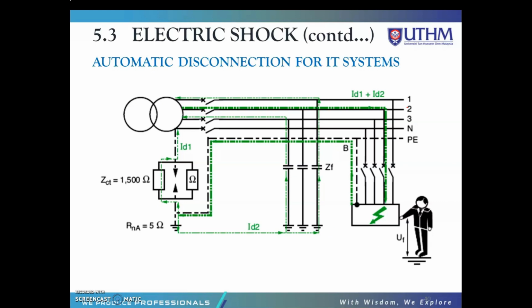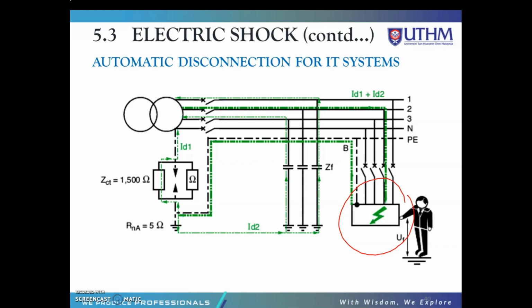Okay, so this is the automatic disconnection for IT systems. There are two types of fault situation in the IT system: the first fault and the second fault. This diagram shows the first fault situation, where only one fault happens.